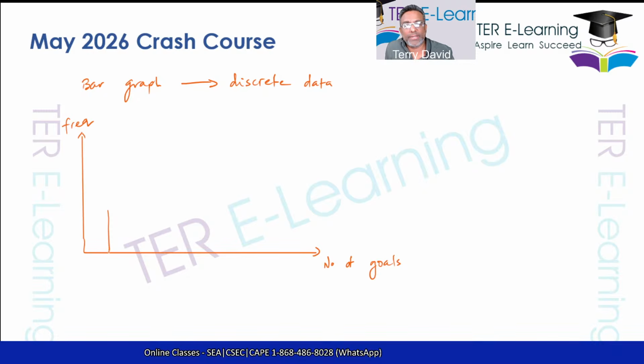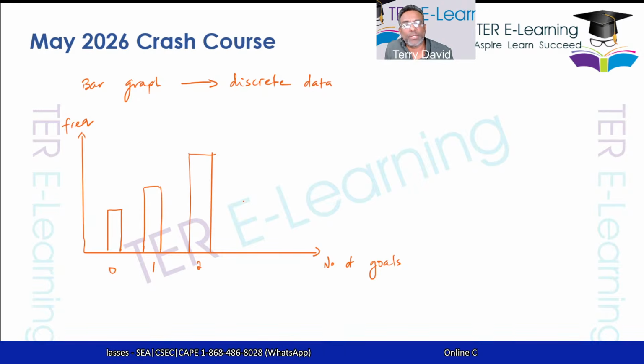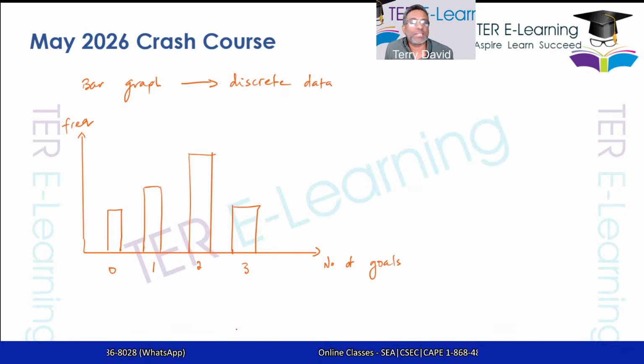Let's say we have 0, let's say we have 1, let's say we have 2. All right, so let's say we had a scenario like this.